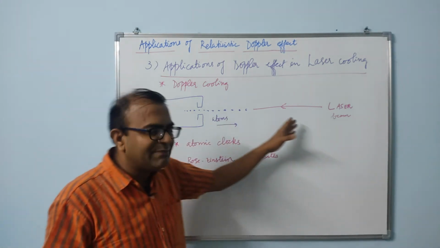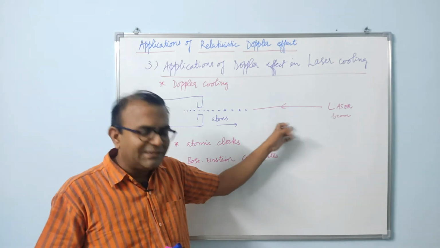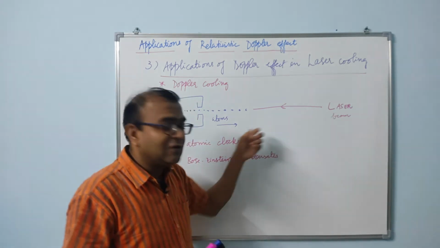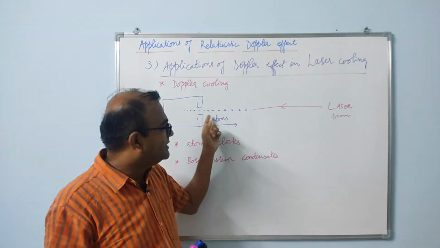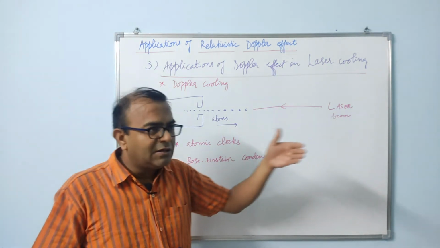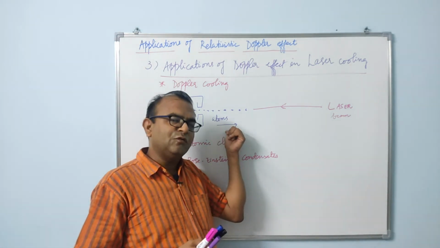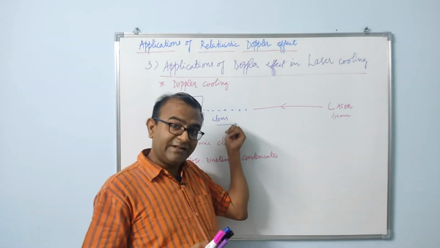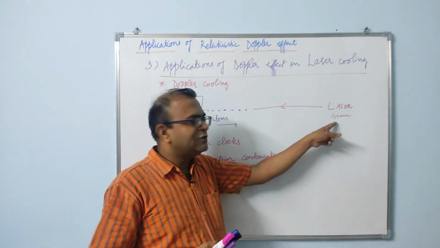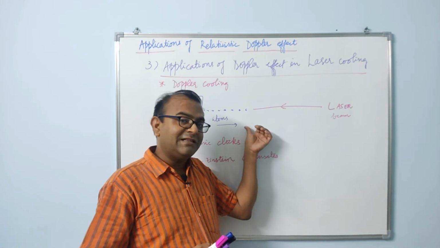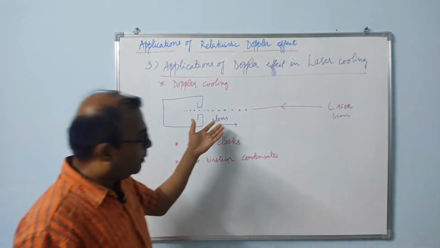Now the atoms would typically see the frequency of this laser beam to be higher than its frequency because of Doppler shift. Because it is traveling in the direction opposite to the beam, there is going to be a shift in the frequency as seen by the atom. So from the frame of reference of the atoms, the actual frequency of laser is going to be less than the frequency seen by these atoms, and that is due to Doppler shift.